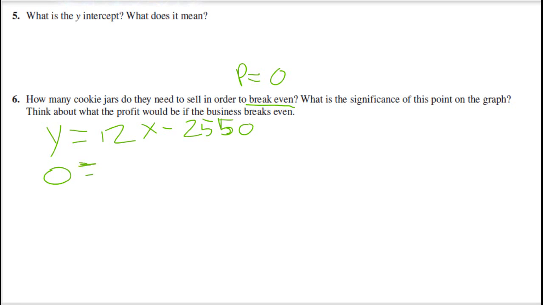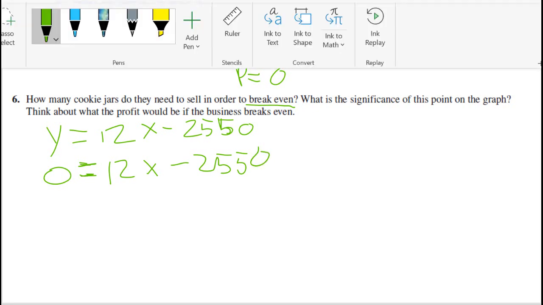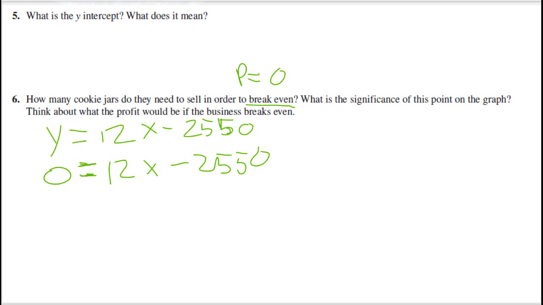Break even means profit is 0. In this case, y equals 0. And in this case, we have plugged something into our linear equation. We are now using our solving skills. This becomes a case where we are solving an equation. So we are finding x when we know that y is 0.